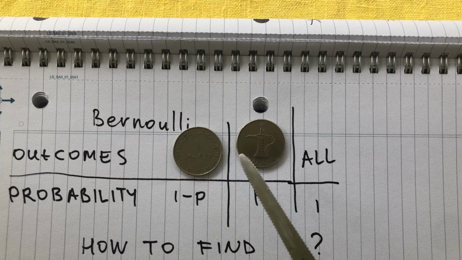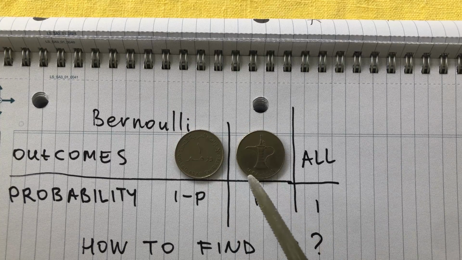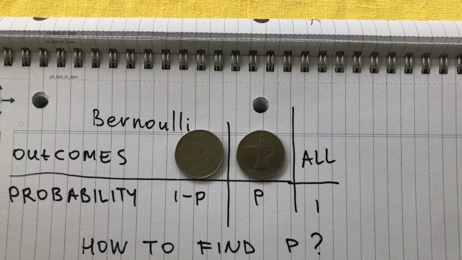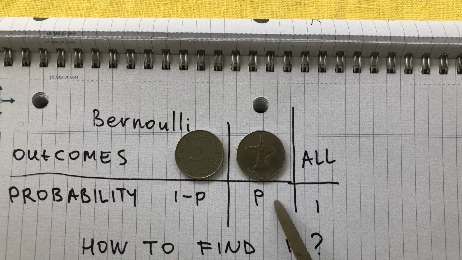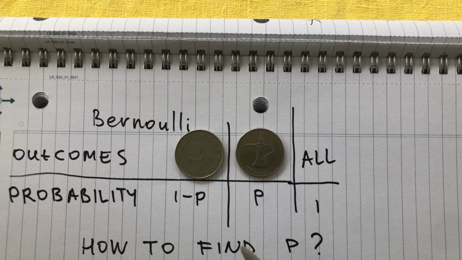But that's not always as easy as with coins when we're applying the Bernoulli distribution to some other phenomena. Let's say getting infected with a disease. Where do you get this p? Is there an easy way to just assume what p is? It may not be the case.